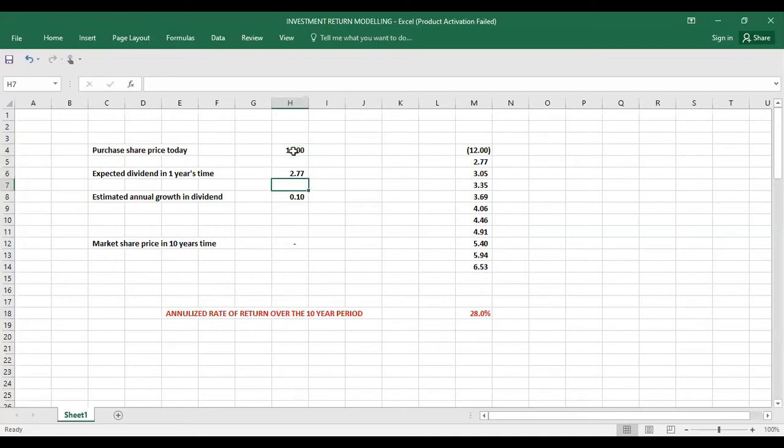Again, just for the sake of emphasis, a lot of value is not only in the share price, but also in the dividend that is collected and in the annual growth of that dividend. So what I'll do is I'll go back to the PowerPoint slide.